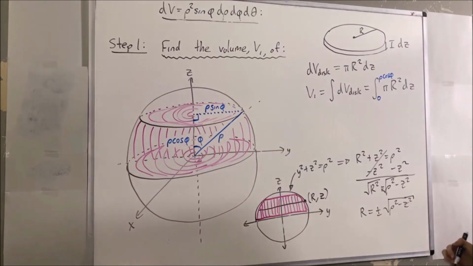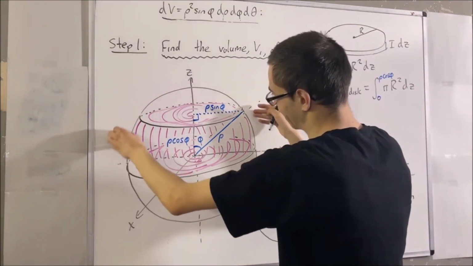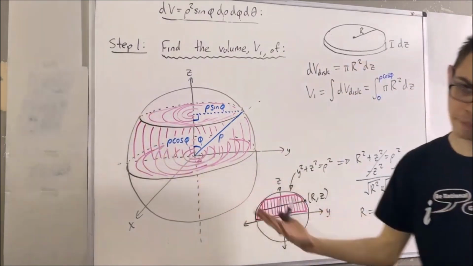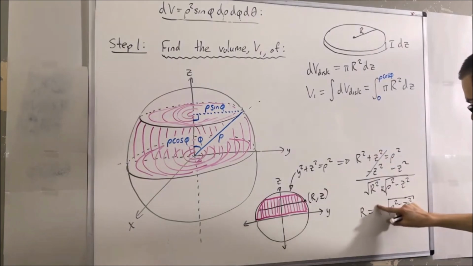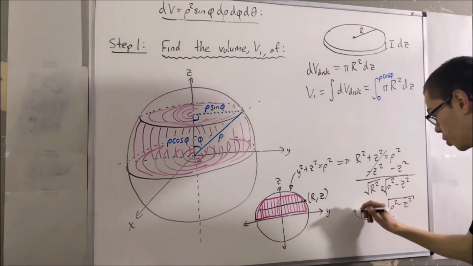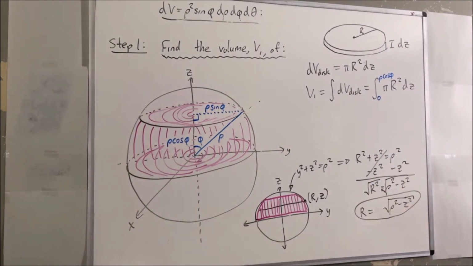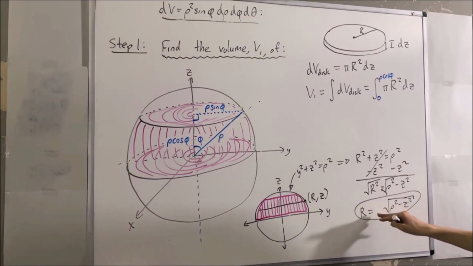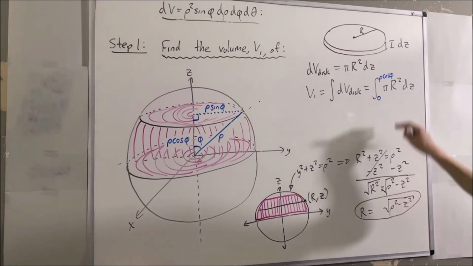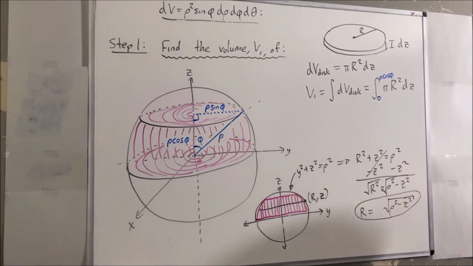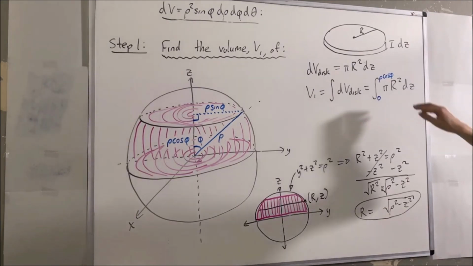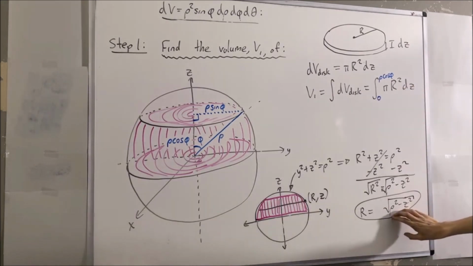Technically, the radius of any thin disk is going to be a positive number because a radius is a length, and lengths are always positive. So we can choose the positive square root. It turns out it won't matter whether it is positive or negative because we're squaring it anyway. So it's perfectly fine to call the radius this. Now we can substitute r for the square root of rho squared minus z squared.